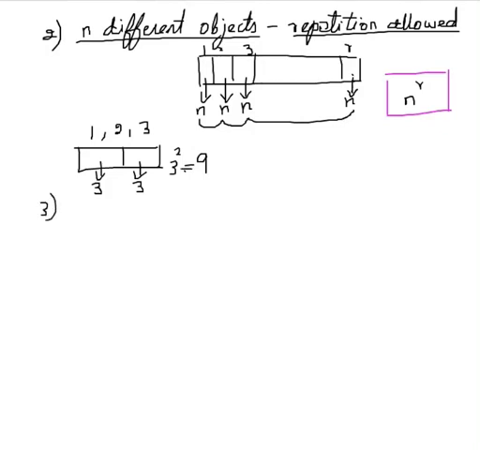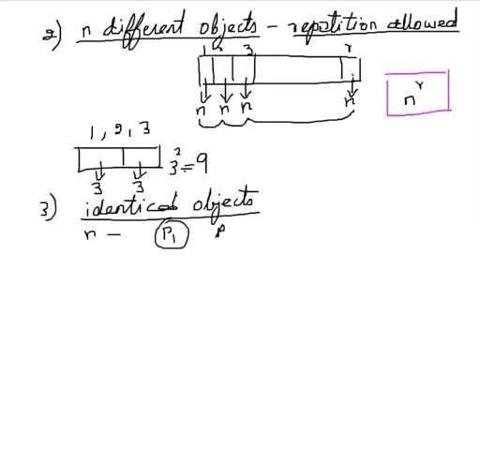The third formula: permutation when the objects are identical. Out of n given objects, p1 objects are of the same kind, p2 objects are of the same kind, and so on, pk objects are of the same kind, say.